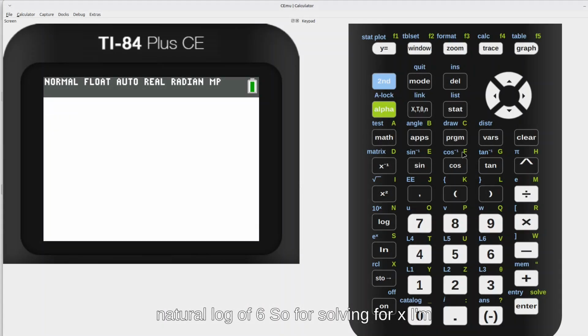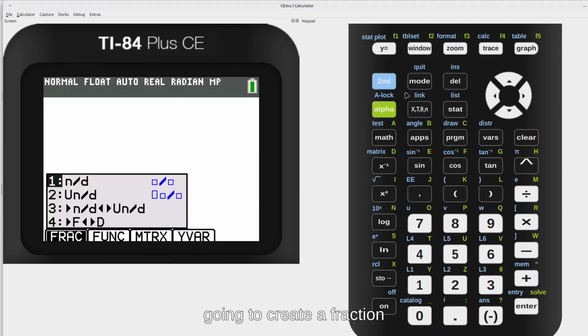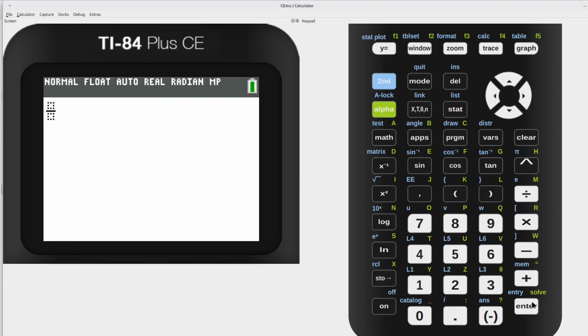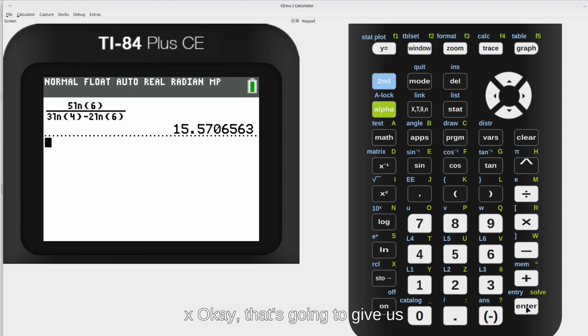If we're solving for x, I'm going to create a fraction. In the top of the fraction, we're going to say 5 ln 6. At the bottom of the fraction, we'll say 3 ln 4 minus 2 ln 6. Okay, that's going to give us approximately 15.57065.